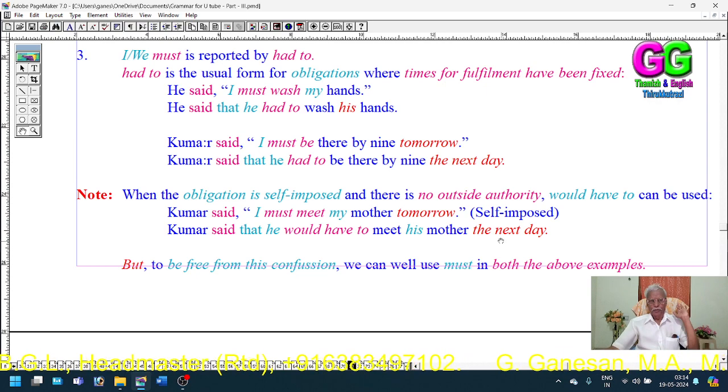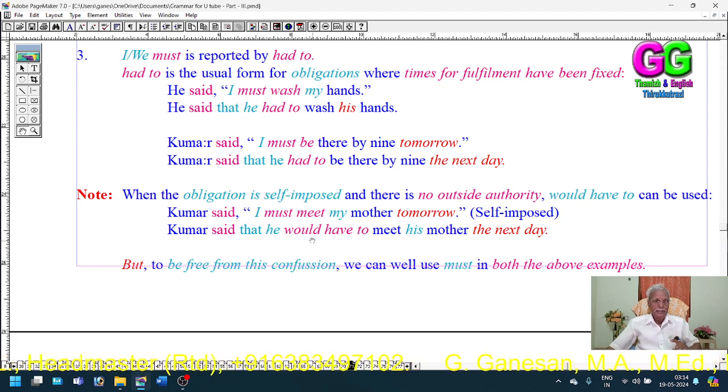Here must has been used to express a self-imposed obligation. Must has been replaced by would have to. Kumar said, I must meet my mother tomorrow.